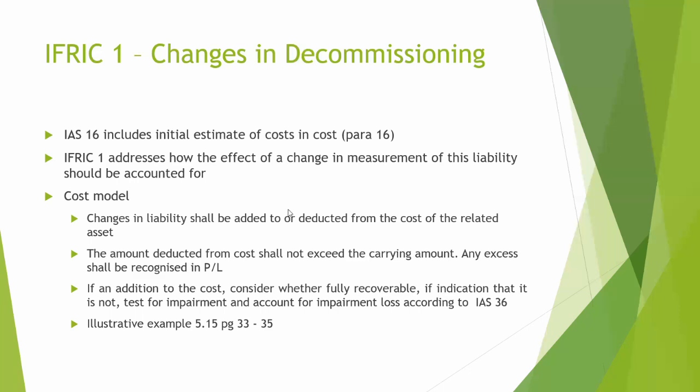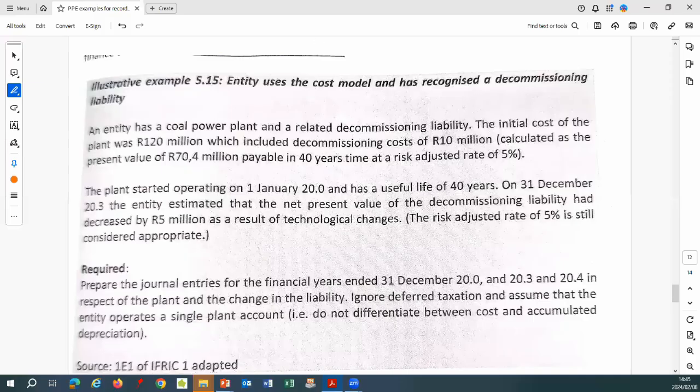So let's switch over to our illustrative example, page 33 to 35, it's 5.15. In terms of our illustrative example, we have a coal power plant and a related decommissioning liability. The cost of the plant was 120 million.